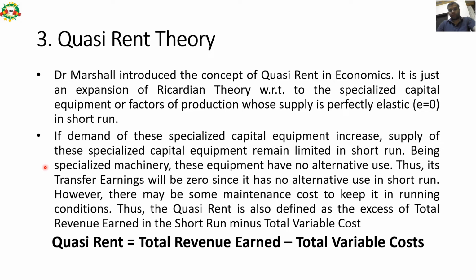However, there may be some maintenance cost to keep it in running condition. Thus, quasi rent is also defined as the excess of total revenue earned in the short run over total variable cost. So this is the formula: quasi rent is equal to total revenue earned minus total variable cost.